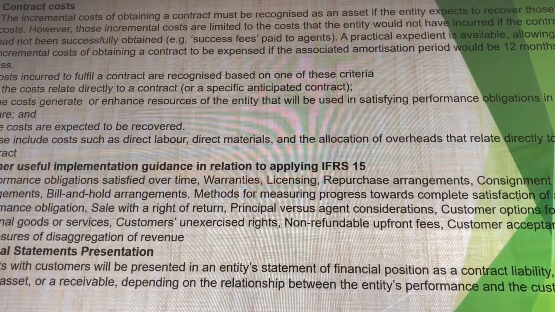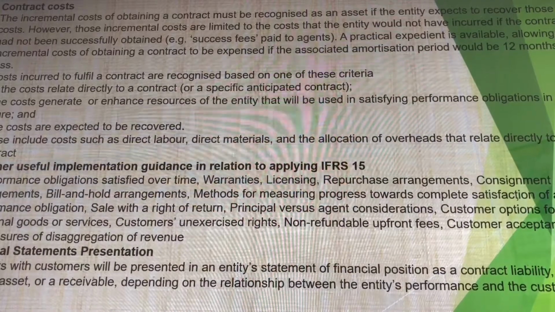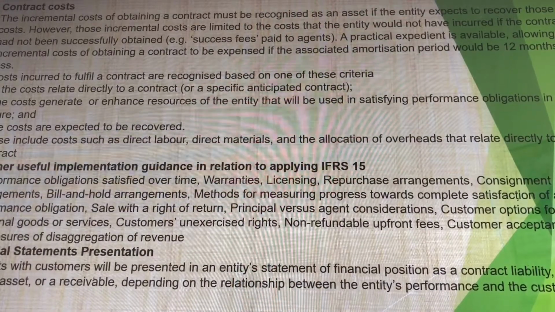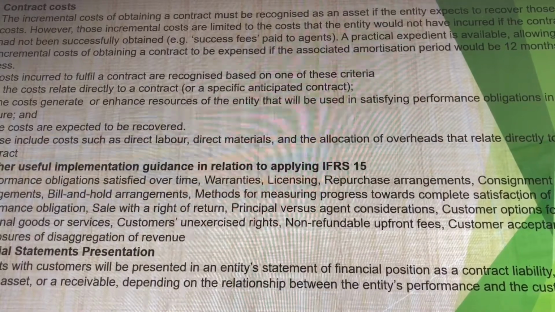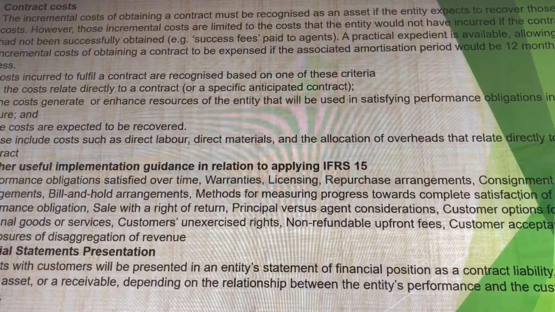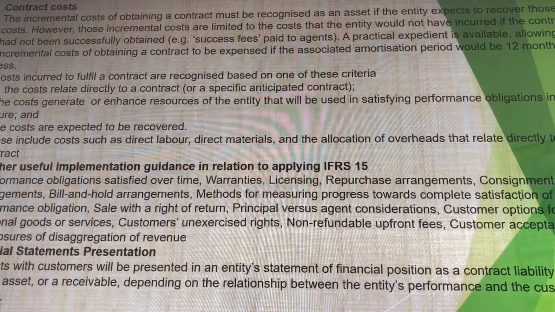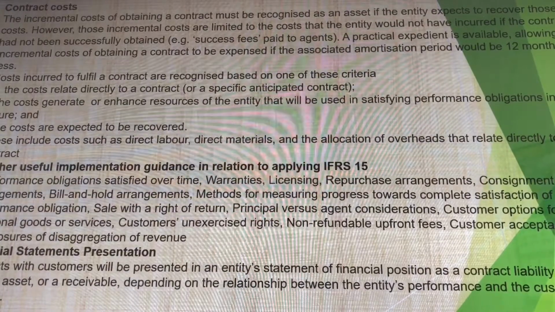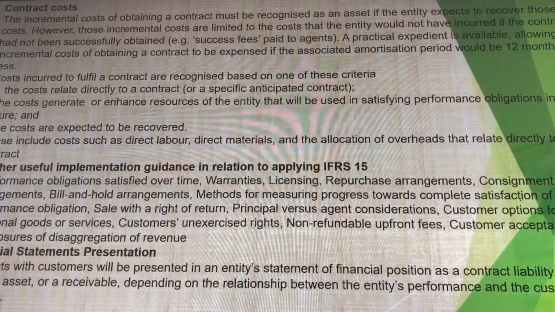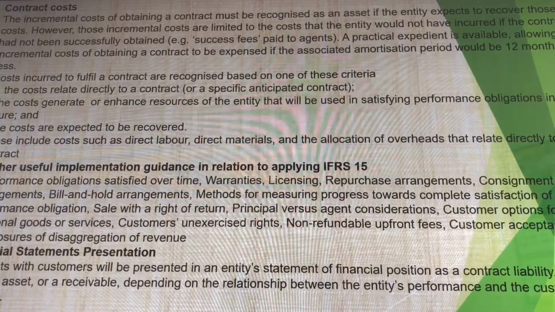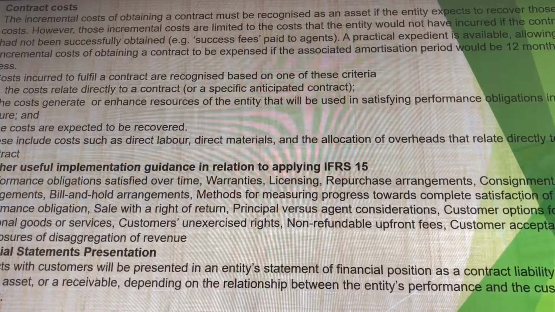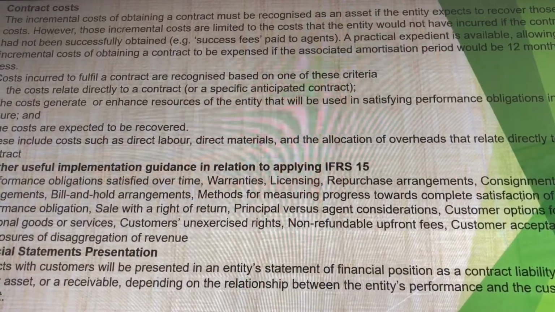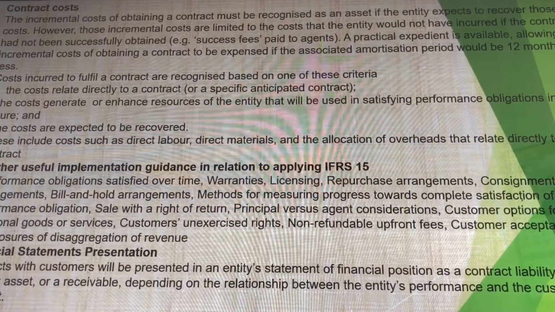Let's talk about contract costs. The incremental costs of obtaining a contract must be recognized as an asset if the entity expects to recover those costs. However, those incremental costs are limited to the costs that the entity would not have incurred if the contract had not been successful.